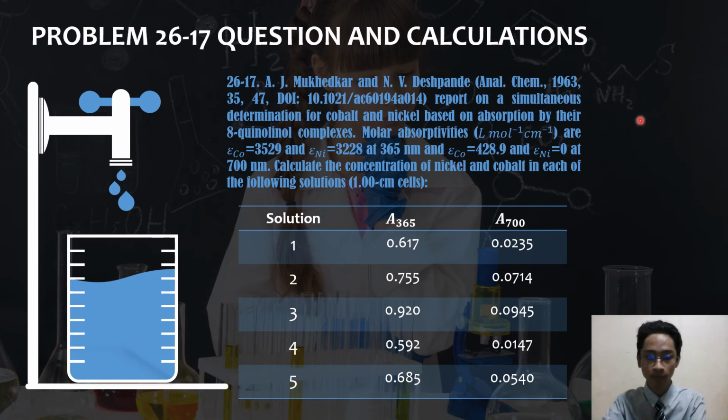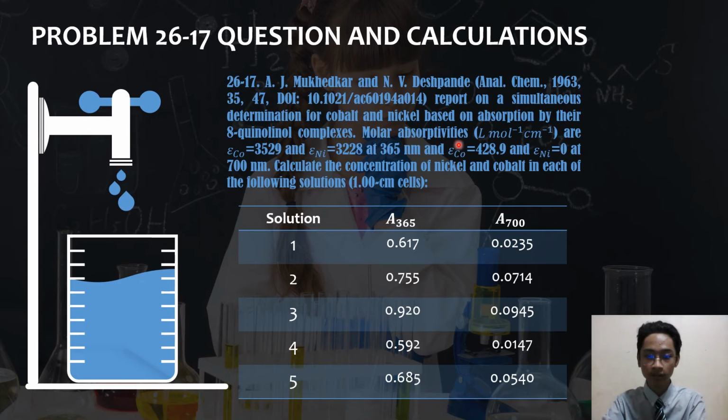Now for the problem, A.J. Mukherjee and N.V. Deshpande report on a simultaneous determination for cobalt and nickel based on absorption by their 8-quinolinol complexes.